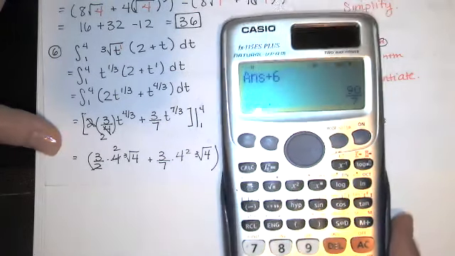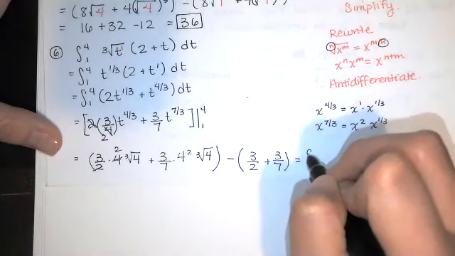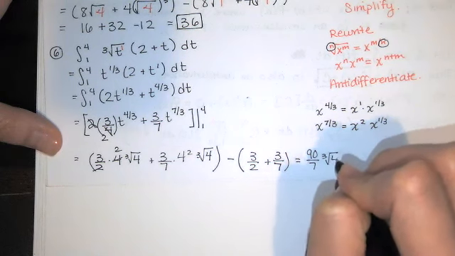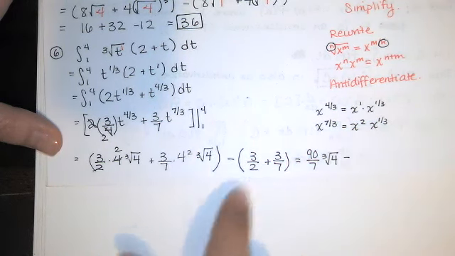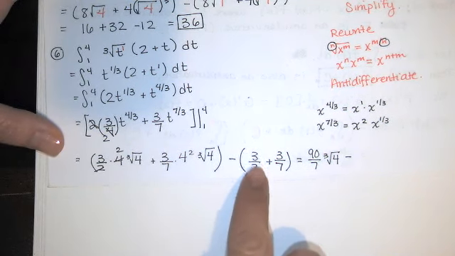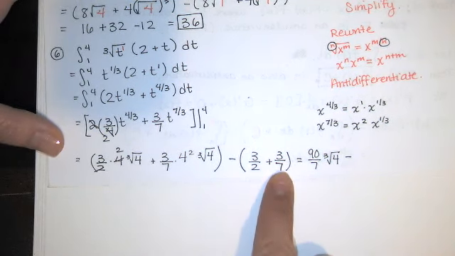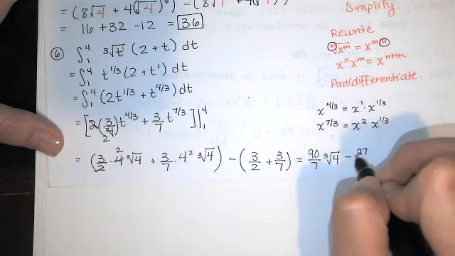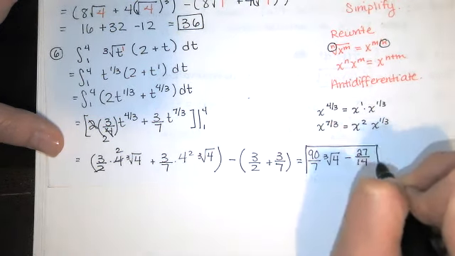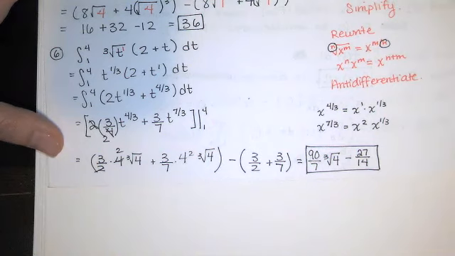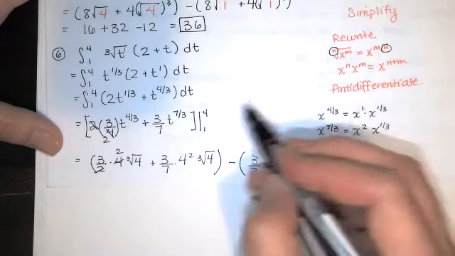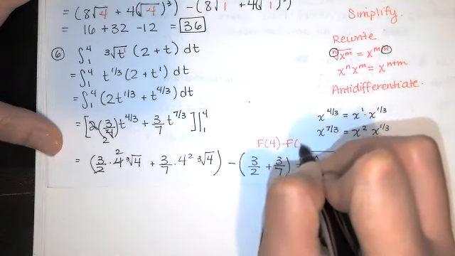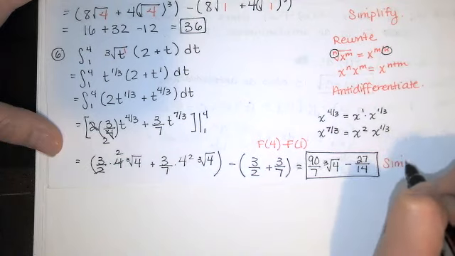So I've got 90/7 times the cube root of 4, minus that. So I could multiply that one by 7/7 and multiply that one by 2/2. So I'll get 21 plus 6 is 27/14. Oh, that one's ugly. But again, what did we do? We anti-differentiated. Then we evaluate the expression at 4, evaluate it at 1, and subtract, and then we simplify as much as we can.